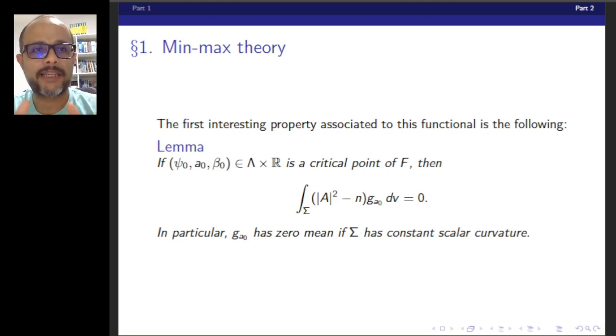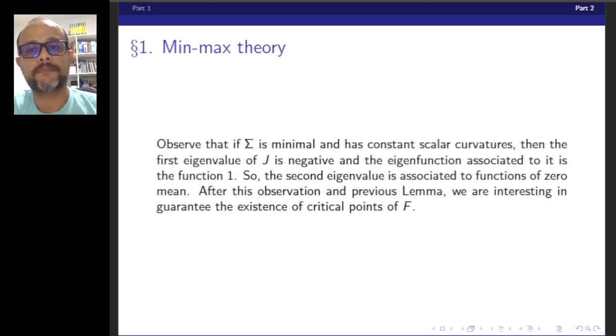But I would like to point out the importance of the critical point of F. Such critical point helps us to produce a function with 0 mean. Next, I noticed that if Sigma is minimal and it has constant scalar curvature, then the first eigenvalue of J, the Jacobi operator, is negative.